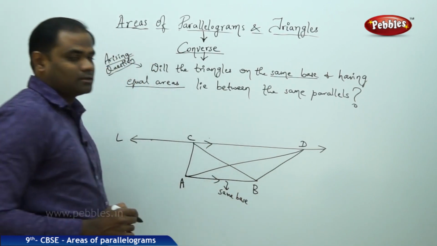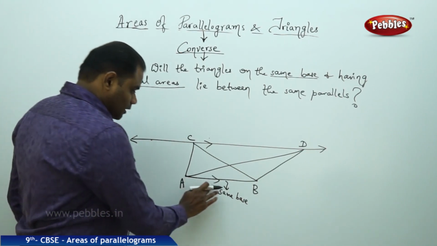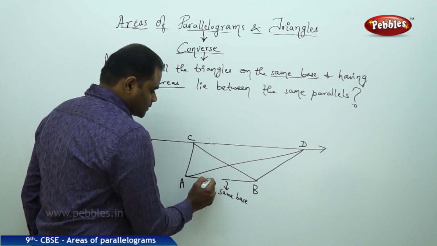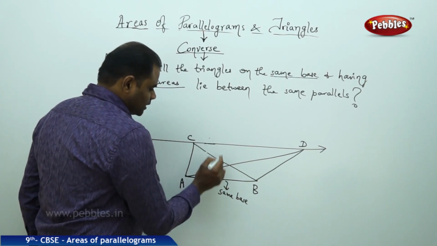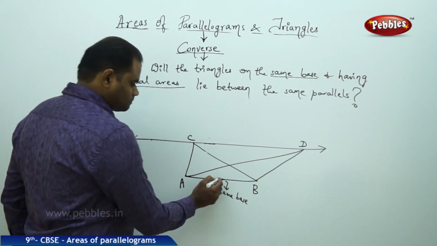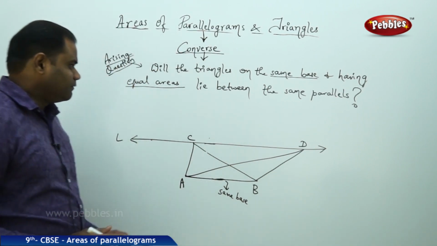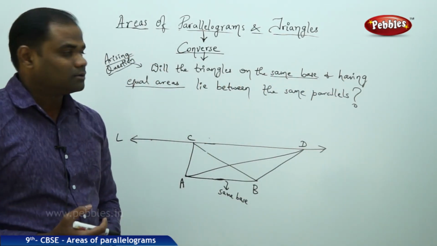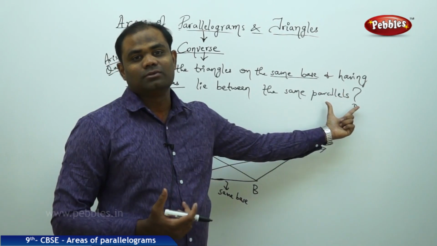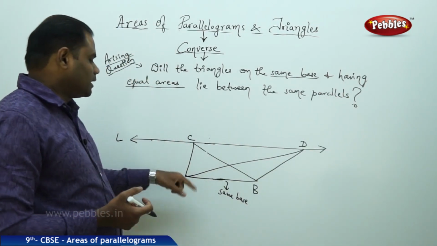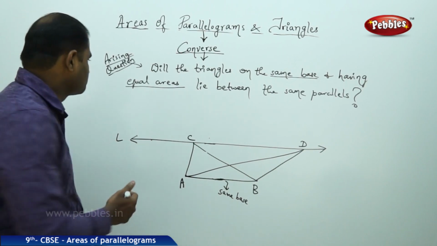But in the converse, we are not told they are parallel, only that they are on the same base AB and the areas are equal. It is about proving that the line is parallel. So now we are going to investigate whether the line L is parallel to AB.